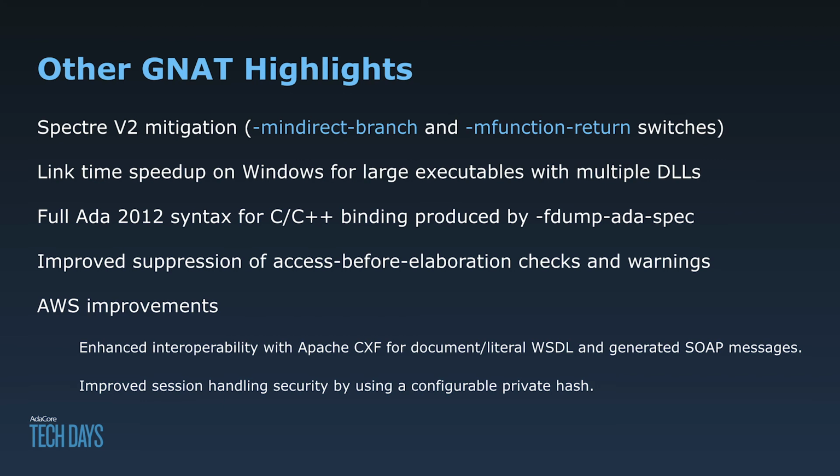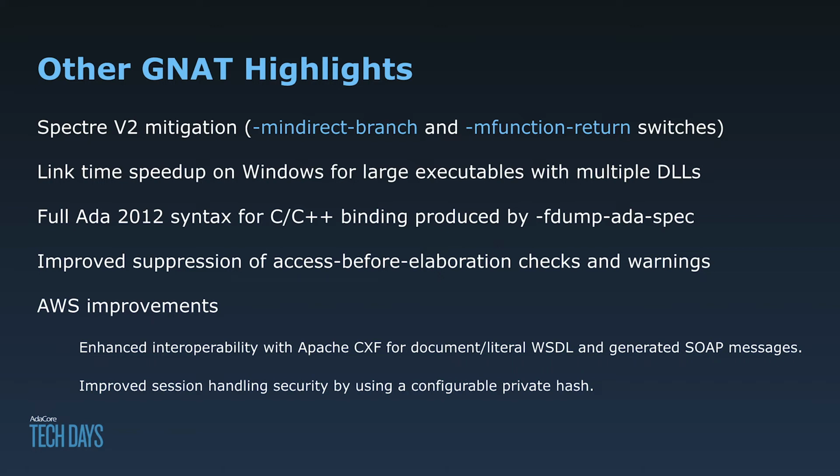Other GNAT highlights. So as far as the compiler is concerned, we are providing also two new switches listed here, indirect branch and function return, which are here to mitigate some of the most heard of security issues on modern processors, in particular Spectre version 2.